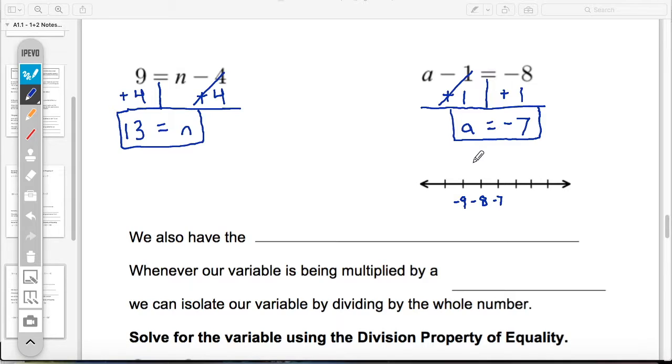So when we're adding, we are going this way. When we are subtracting, we are going this way. So negative 8 plus 1 means I will go this way on the number line to negative 7. Okay? So we also have the division property.